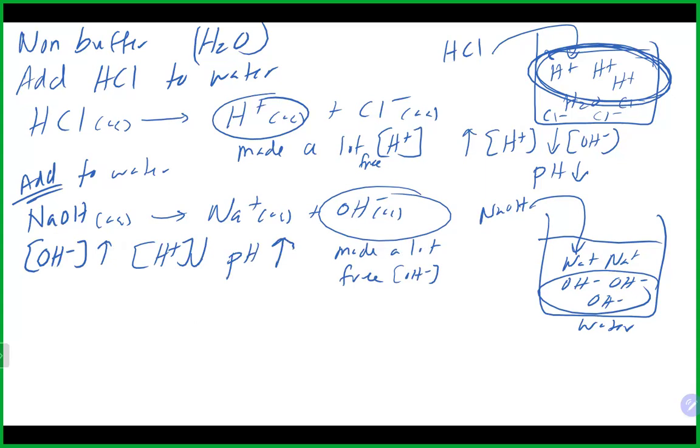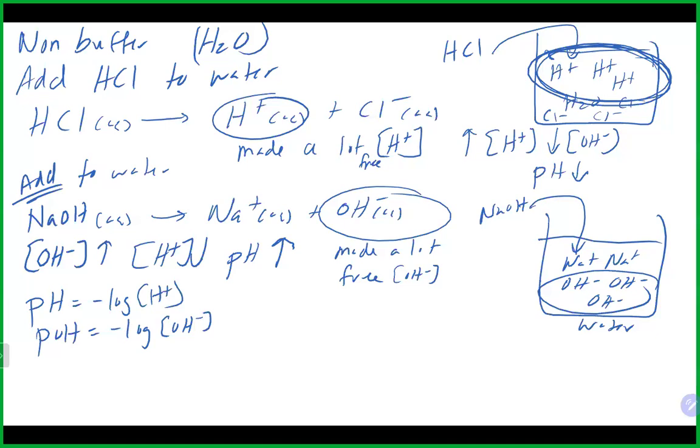So once again, maybe it started at a pH of 7, and now it jumps to like a pH of 12 or 13, depending on how much you dump in there. So we're going to see this really big jump in it. And it's really because if we think about the equations for pH and pOH, for example, which obviously affects the pH of the solution, as we increase those concentrations, we're going to see a really big jump or change in the pH because we have a lot more free H plus and free OH minus.